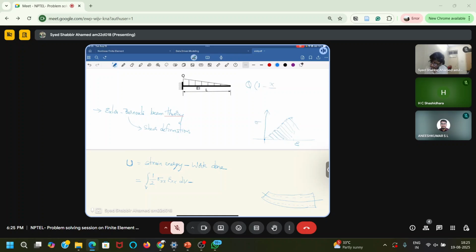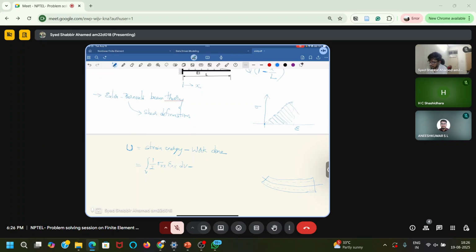This is a uniformly varying load. If I start x from here, at x equals 0 the intensity is q, and at the free end, x equals L, the intensity is 0. So I can write this load intensity as q into 1 minus x by L.